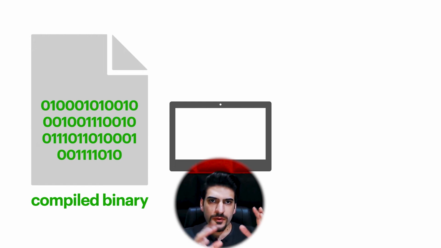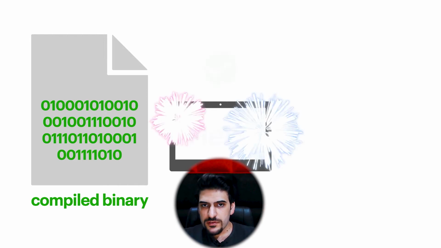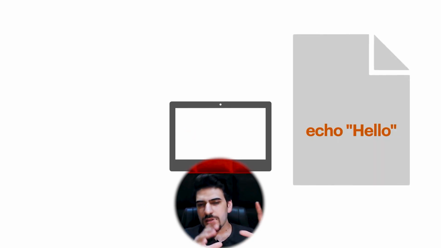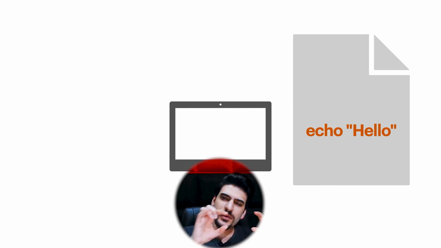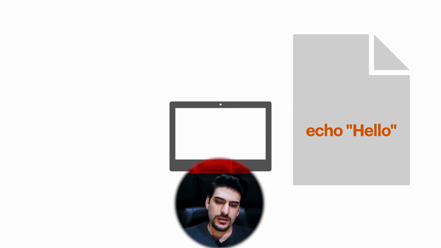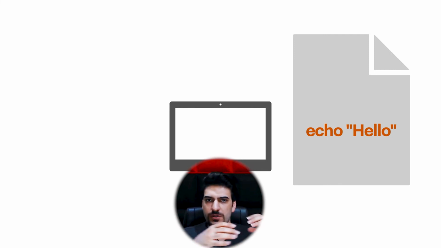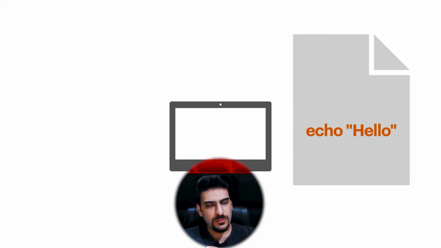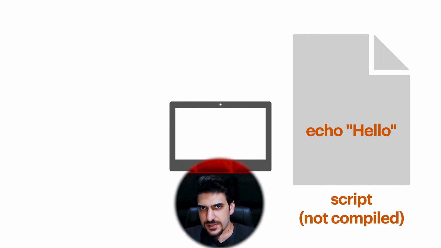Those binaries can be executed directly and everything gets done. But the other type of executable files are those which do not contain binaries. They actually contain human readable code, like the echo hello code that we saw before, that should be interpreted before execution by the computer. We call these codes scripts.